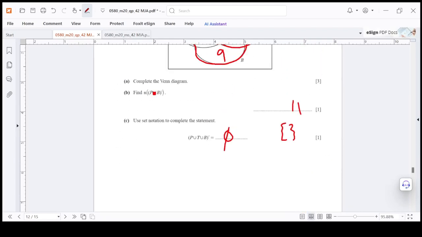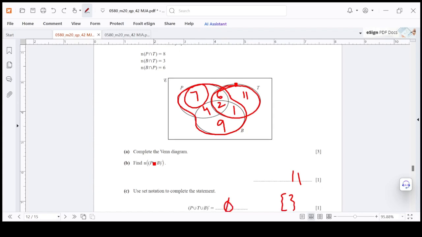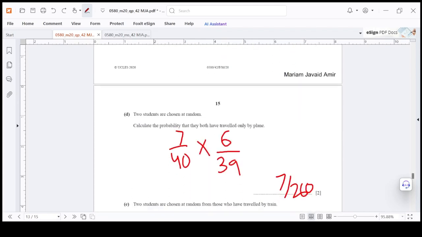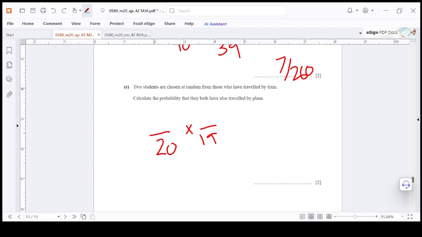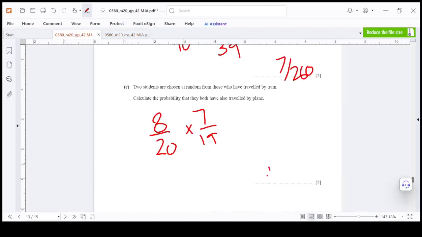So in this region, how many people travel by plane? It's these 8 people. So the first numerator is going to be 8. The other one is going to be 7. Okay. 8 by 20 times 7 by 19. Looks good. And the answer is supposed to be 14 over 95. Entering that here.